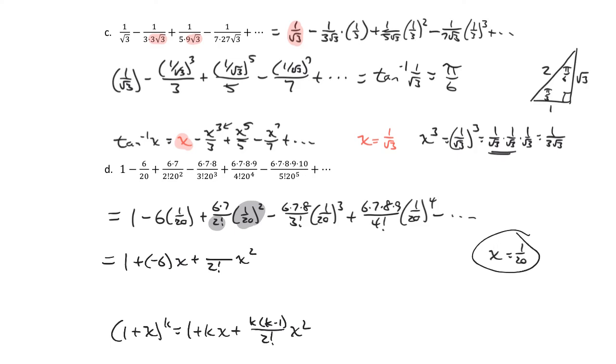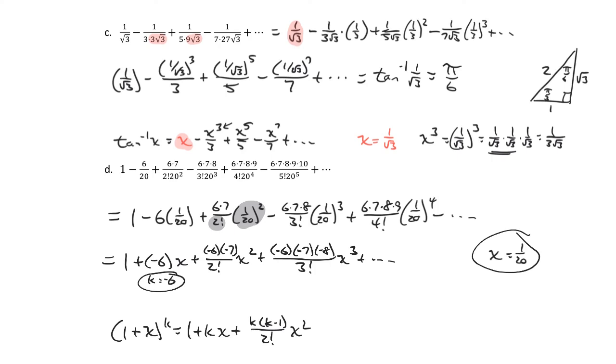But it looks to me like k is negative 6. Does that give us a plus? Well, then I'd have negative 6. Negative 6 minus 1 is negative 7. It's working out how I expect it to. In the next term, we would have plus negative 6 times negative 7 times negative 8 over 3 factorial x cubed, and so on. So in our case, k is negative 6, x is 1/20th.